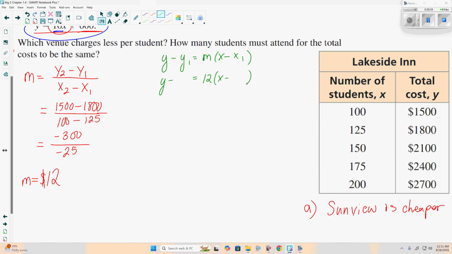So we have the slope, now we just need to pick a point. So give me one of the x values up here. We'll go with 150, I heard it first. And its corresponding y value is, now the interesting thing with this here is it doesn't matter which one we pick. We just have to pick one of the points, because all of these lie on the same line. So no matter which one we pick, we will get the same equation.